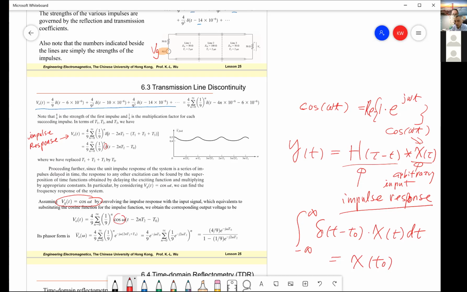And this is not convenient to calculate because of the trigonometric function. Now is the time we can take advantage of the phasor. We learned phasor, right? The phasor form of this we can write in exponential function, which we already used.